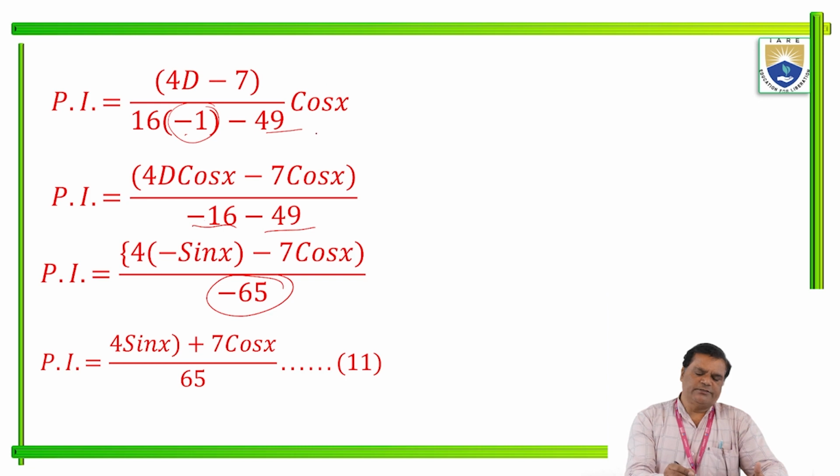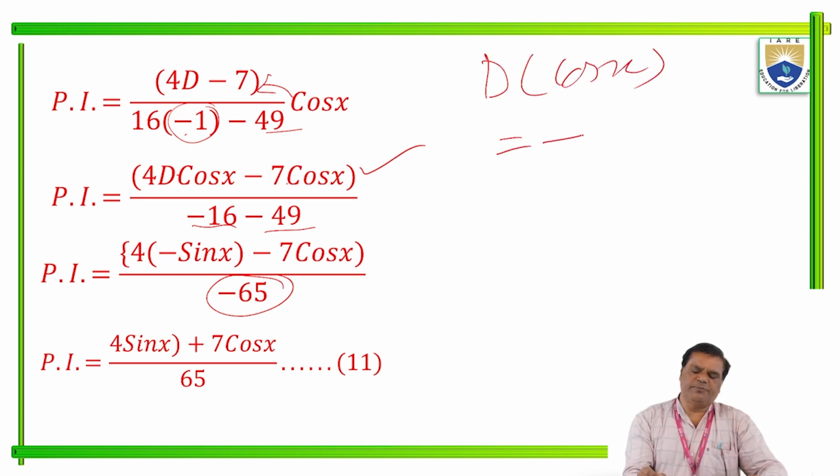Taking cos x in the numerator of 4D minus 7 and operating, it becomes 4D cos x minus 7 cos x. D cos x means differentiation of cos x with respect to x, that is minus sin x. So 4 into minus sin x minus 7 cos x. Here there is no derivative, so we do not differentiate the function, and we get 7 cos x only.